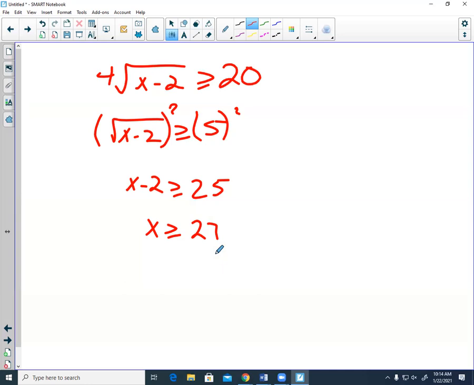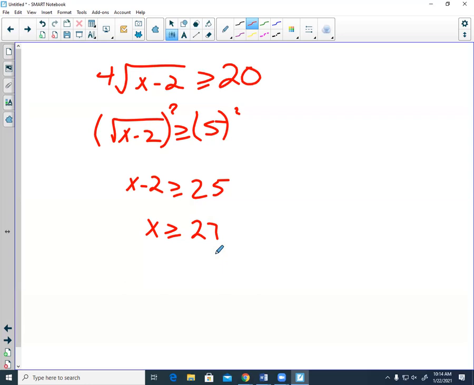If my number has to be bigger than 27, is there any possible way that my radical will be negative? Not at all, right? So if my number has to be 27 or bigger, the lowest possible number it could be is 27, right? Which means that my radical will be 27 minus 2, which is 25. There is absolutely no issue with this thing being negative because this number is so big.